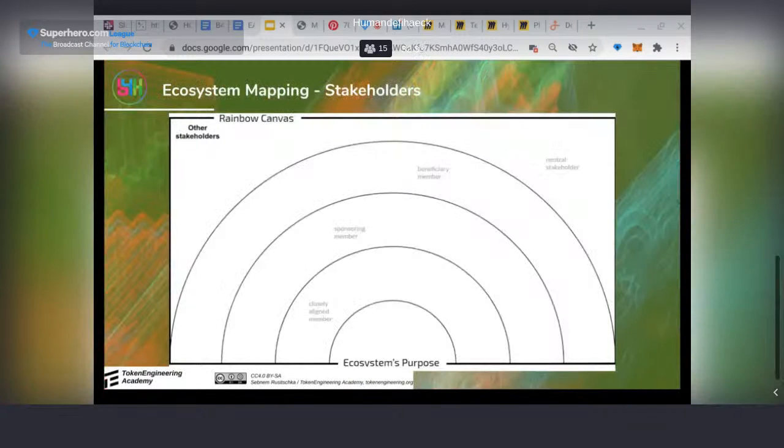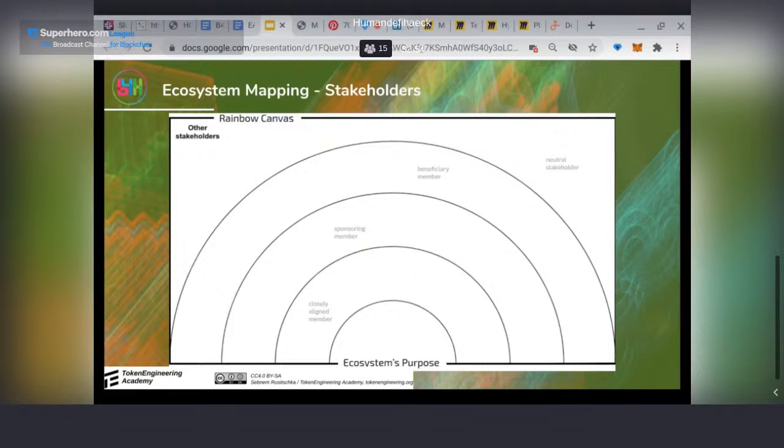Then we're talking about agents. Who are the agents belonging to this ecosystem? Who do you rely on so that your idea will be possible? Who will be adding and extracting value from your ecosystem?